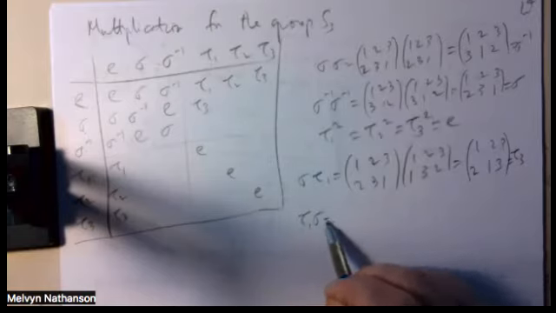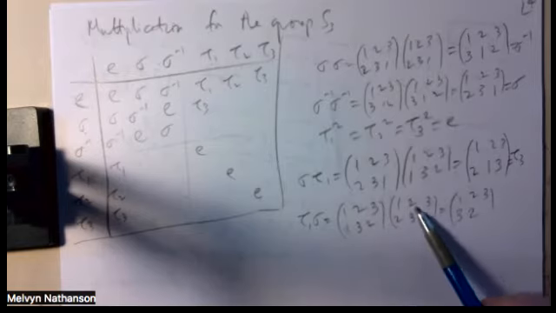What about here, this position? This is tau 1 times sigma. So tau 1 fixes 1, interchanges 3 and 2. Sigma sends 1 to 2, 2 to 3, 3 to 1. What do we get? So again, you have to keep in mind, this is really very important. It takes a while to understand.